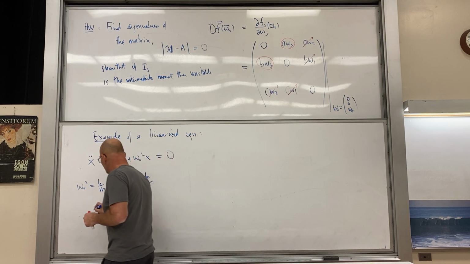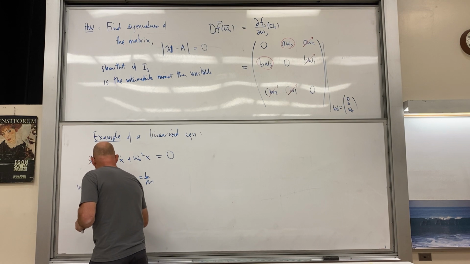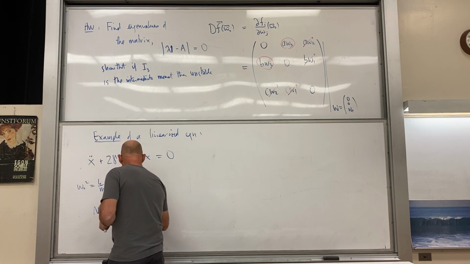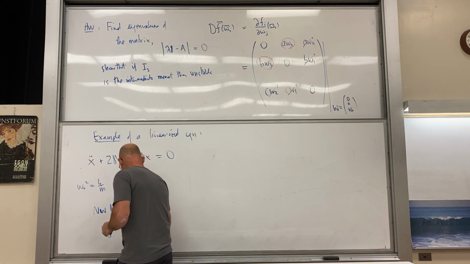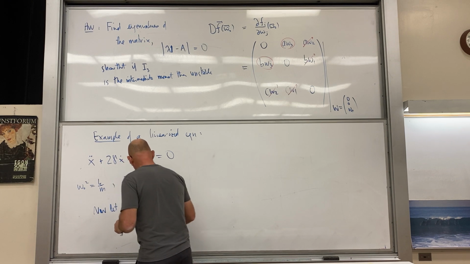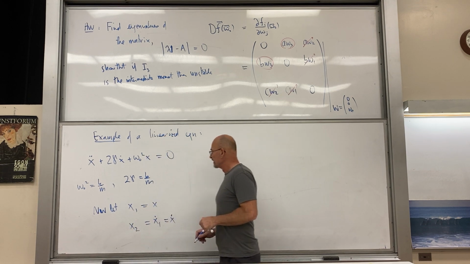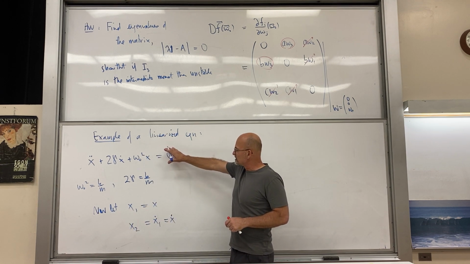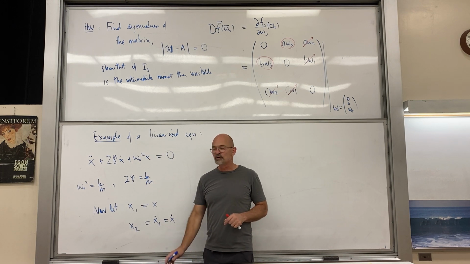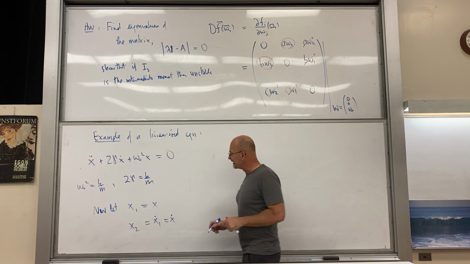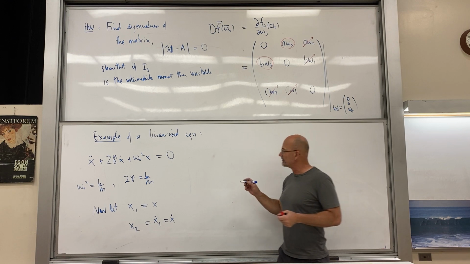So now let x1 be x and x2 be equal to x1 dot, which is equal to x dot. So instead of one differential equation of second order, we're going to have two first order differential equations, and they can be expressed in matrix form.